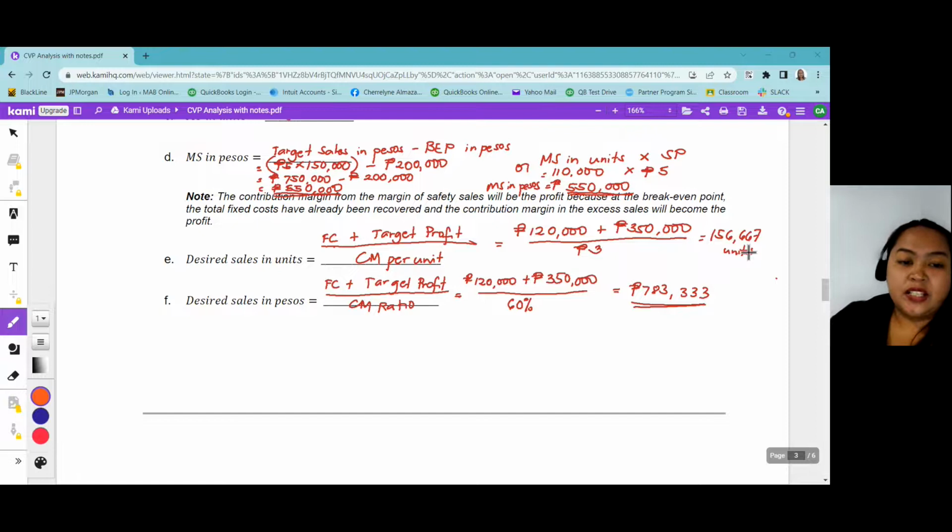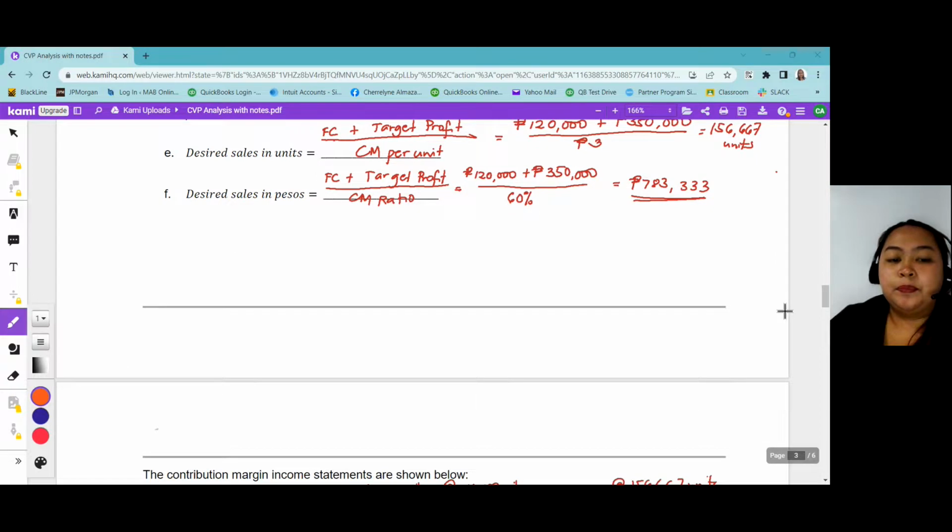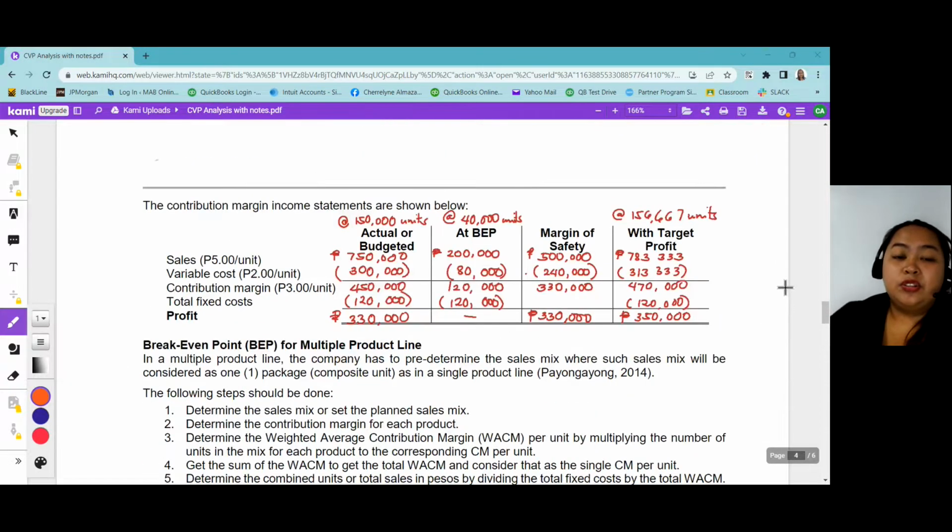So, technically, your desired sales in pesos is computed as your fixed cost plus target profit divided by CM ratio. Fixed cost of 120 plus target profit of 350 divided by 60% is equals to 783,333 pesos.